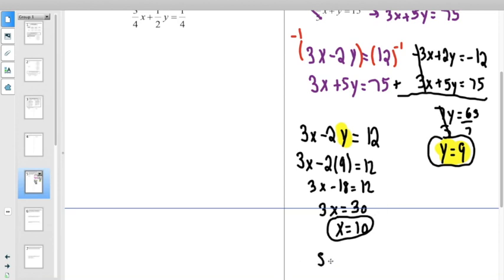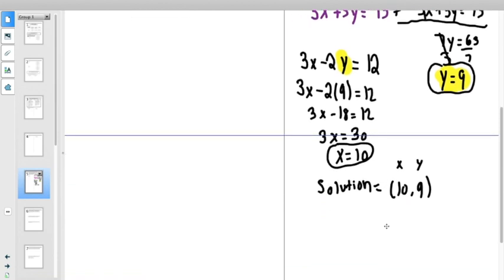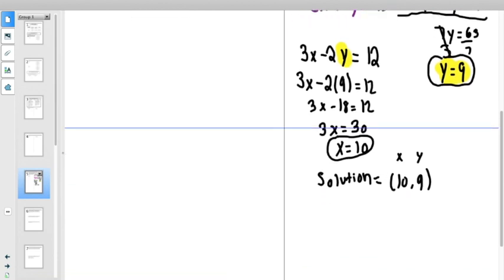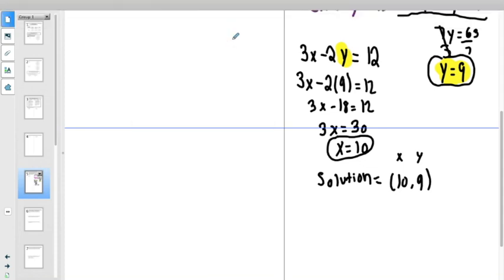Now my solution is 10, 9, x, y. The last thing is the check. Don't forget the check every time. We need to check. Okay? I know it's tedious, it's annoying, but it ensures that we did this correctly.